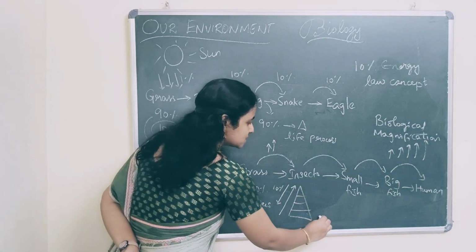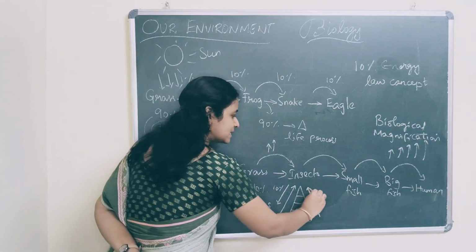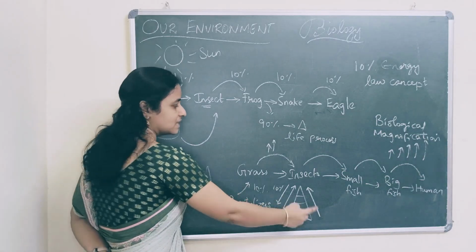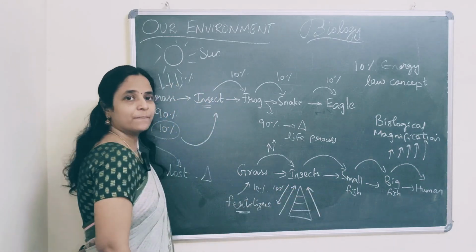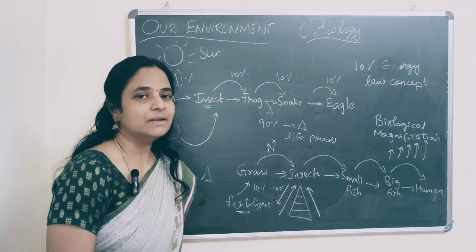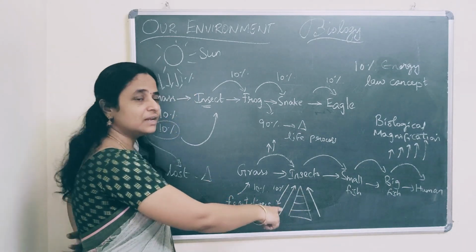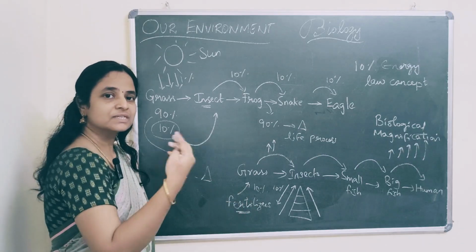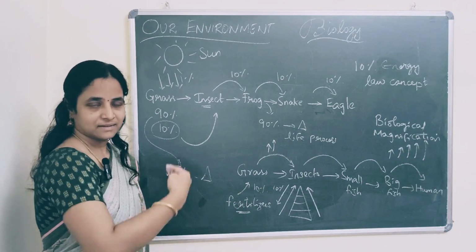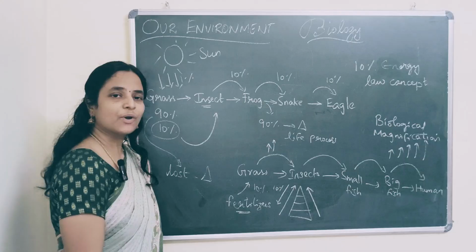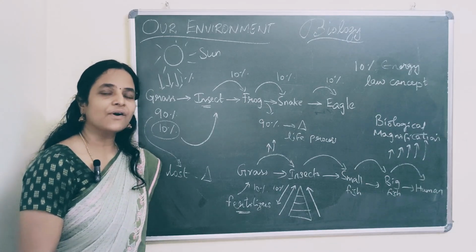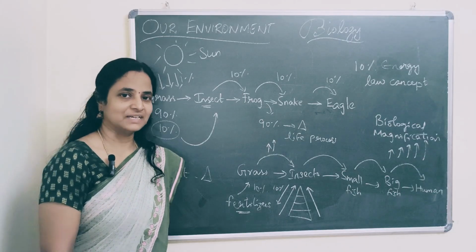And one more concept is, when there is an increased level of toxins, what will happen? We call that property biological magnification. So when there is an increased trophic level, you can find the toxins increasing gradually. You call that the property of biological magnification.